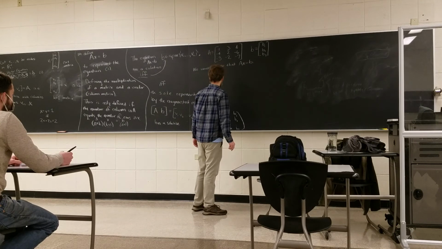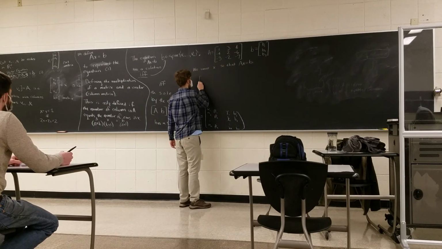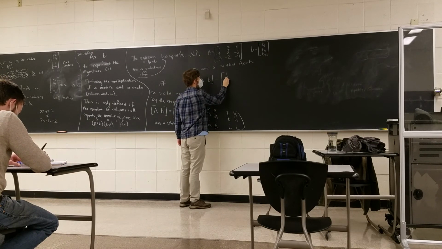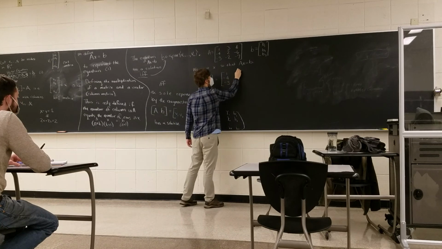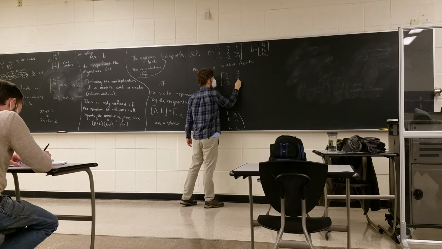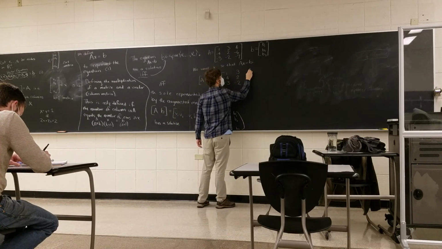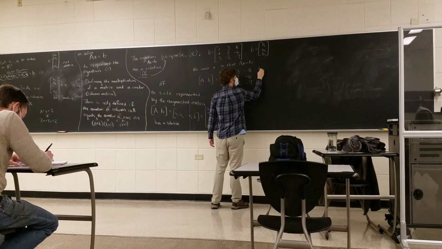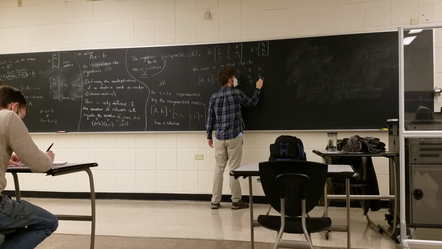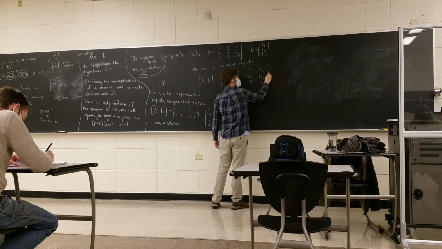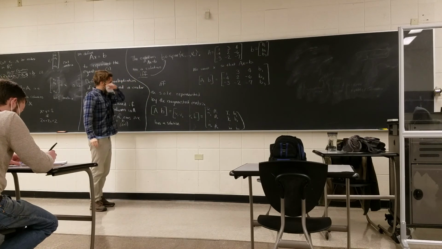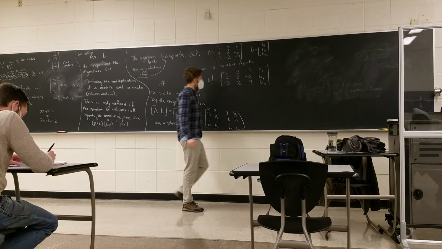So let's do it. So [A b] is this augmented matrix. Now let's go to work row reducing.